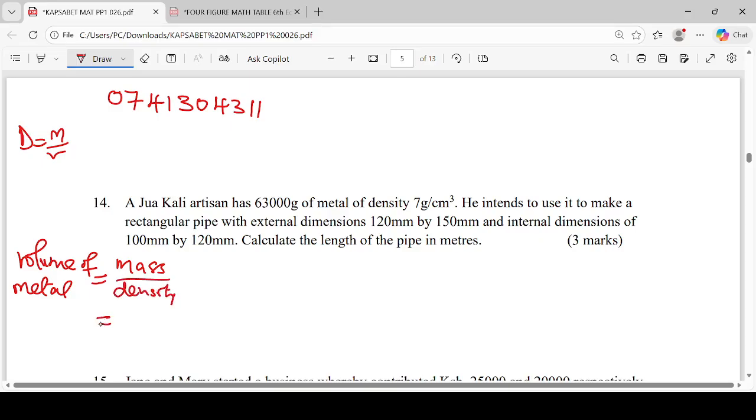So the mass here is 63,000 divided by the density of 7. This is going to be 9,000 cubic centimeters. So the metal has a volume of 9,000 cubic centimeters. Now what you need to know is that the volume of the metal should be equivalent to the volume of the rectangular pipe.